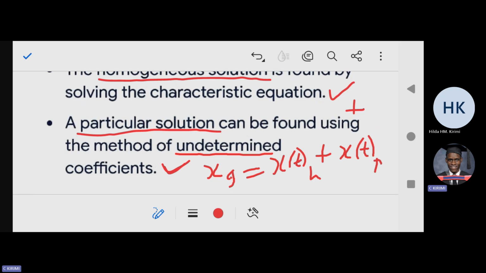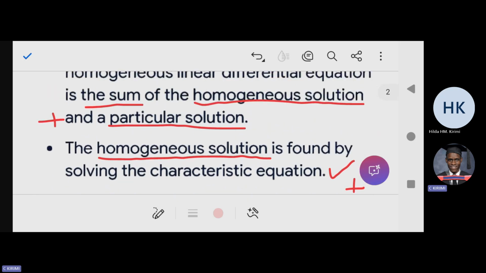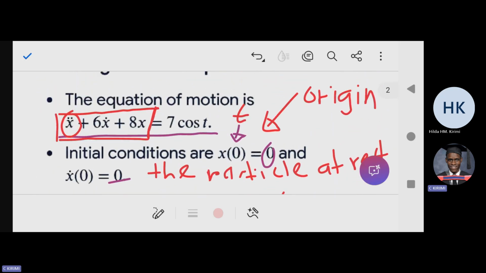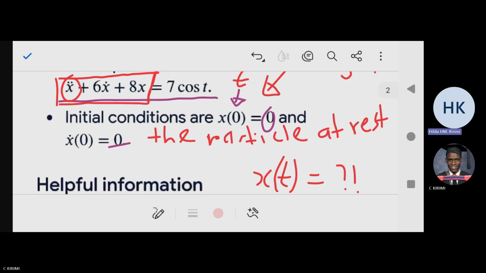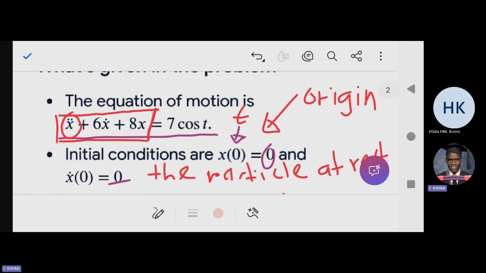These two must combine together to form x of t, the general solution. Once you find x general and replace it in the equation, it must satisfy that equation. It's like when you solve for x and put it back into the original formula, the left-hand side and the right-hand side must be equal.